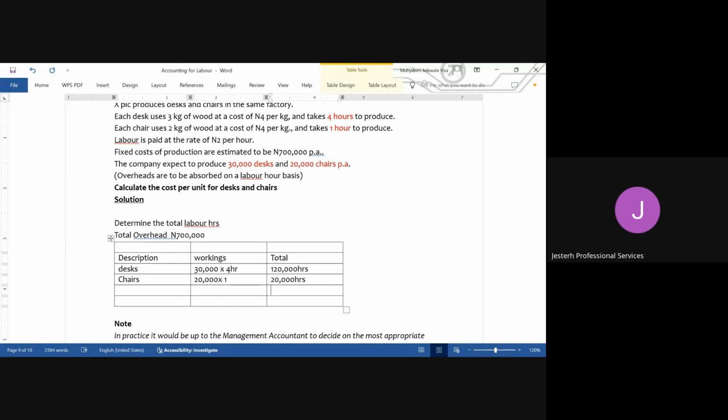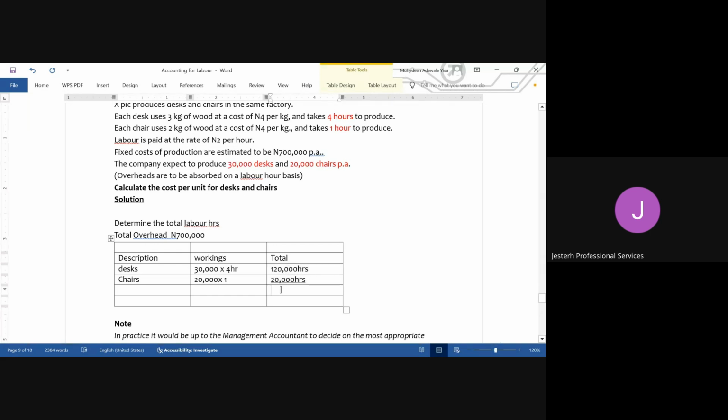So now, since we are producing 2 products, and the overhead of 700,000 is the one we want to absorb based on these 2 productions, what we are going to do is to add up these two total hours that we are going to take in producing those products.